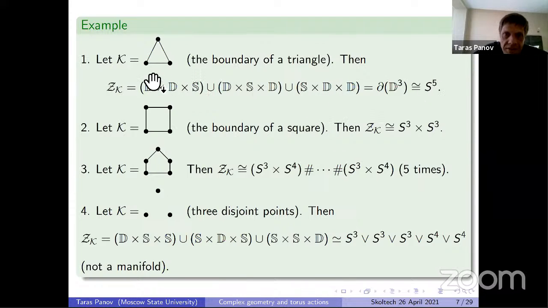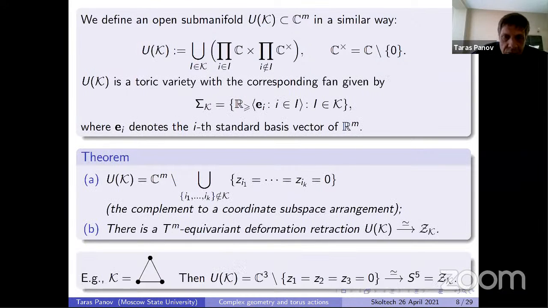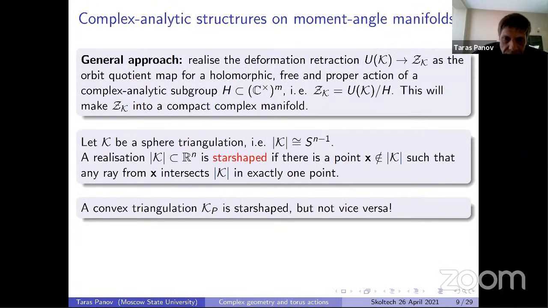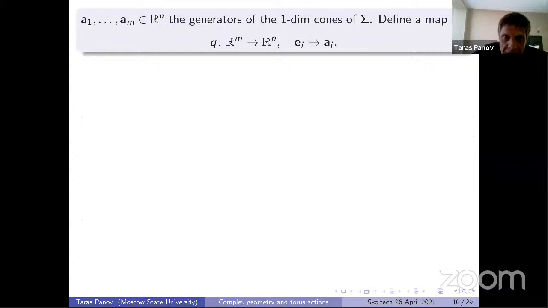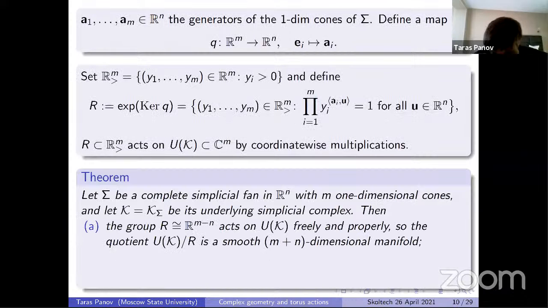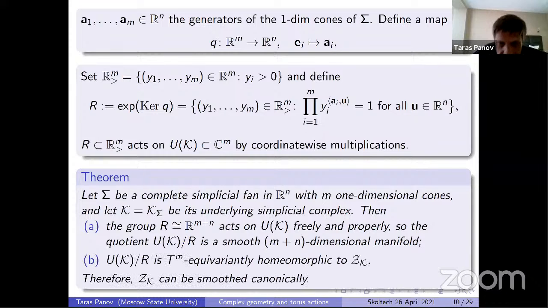It's not smooth. It's homeomorphic to a 5-dimensional sphere, but this gadget is not smooth. Of course, here you can smooth the angle, but in general, it's not at all clear how to do that in a consistent way. So it's not even clear in general whether this moment angle manifold always has a smooth structure, but in this particular case, it has.